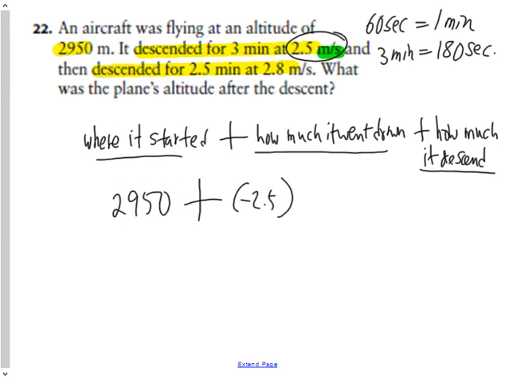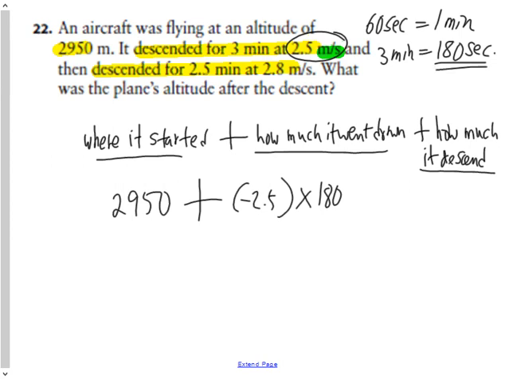So I'm going to use negative 2.5 multiplied by the 180 seconds. The first second, 2.5 meters; the second, another 2.5. So for 180 seconds, it's going to be negative 2.5 multiplied by the 180 seconds that 3 minutes takes up.